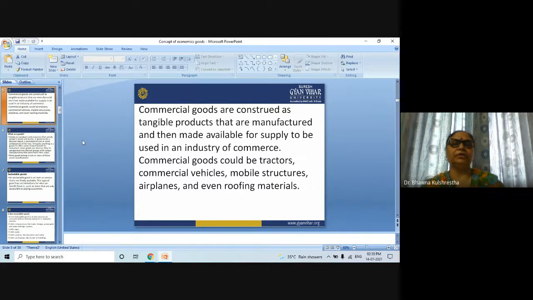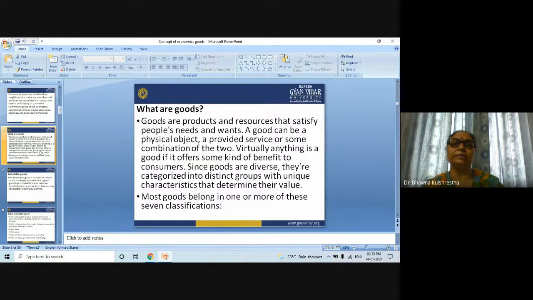And with these goods, a question arises. First of all, what are goods? Goods are products and resources that satisfy people's needs and wants. A good can be a physical object, a service, or some combination of the two.